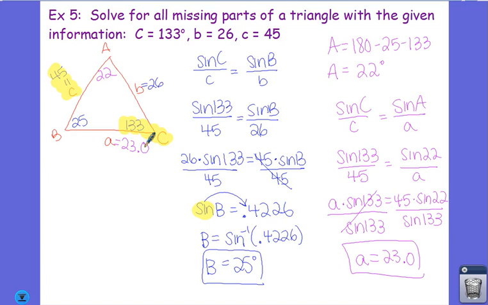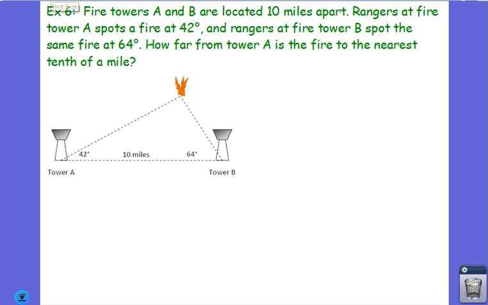We are going to look at one very easy word problem. There's a fire, and there are two fire towers. Tower A over here and Tower B. And they are located 10 miles apart. So if you notice the line that connects them, we have 10 miles. There are rangers at each of the fire towers.